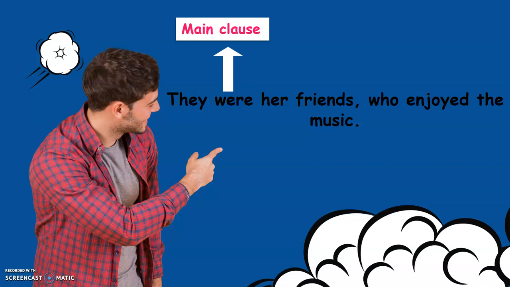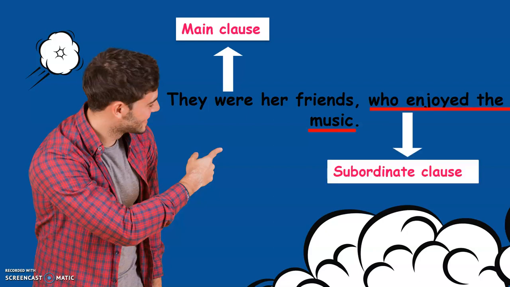To make complete sense, we have to depend on the main clause. Such a part of a sentence is called a subordinate clause, which has to depend on the main clause to complete its meaning. So these are the two types of clauses: the main clause and the subordinate clause.